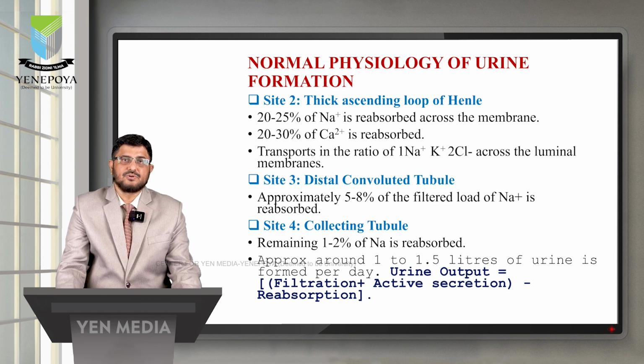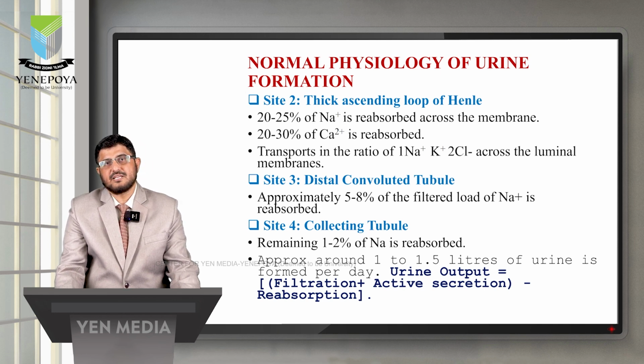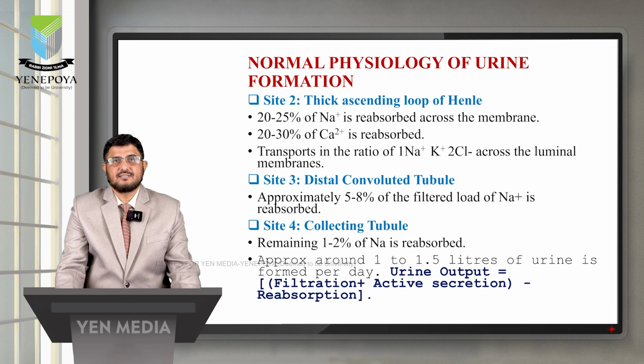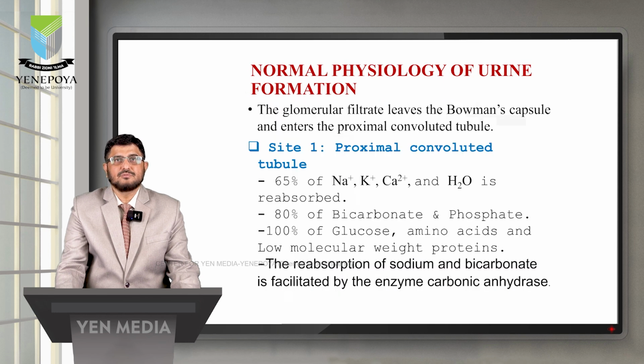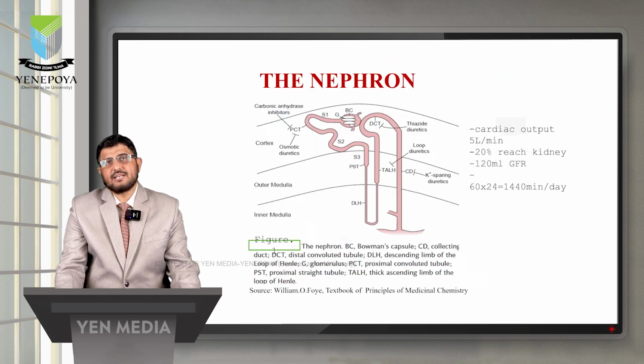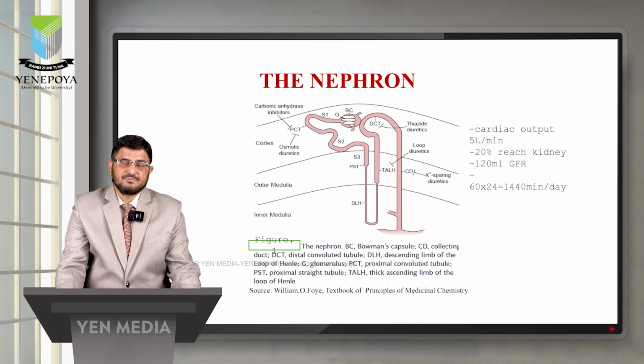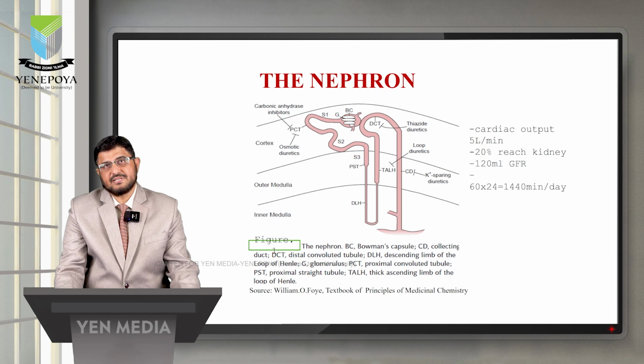The urine output is equal to the filtrate plus active secretion minus reabsorption. So when the filtrate passes through the nephron, it undergoes filtration, then reabsorption, and some active secretion also takes place.